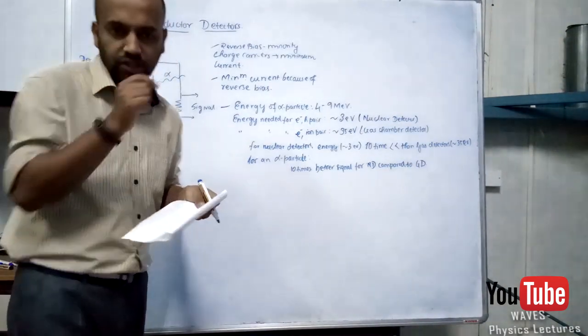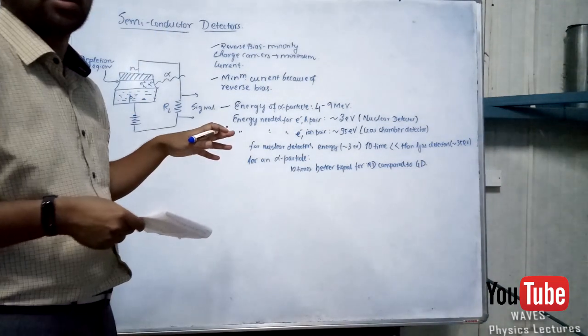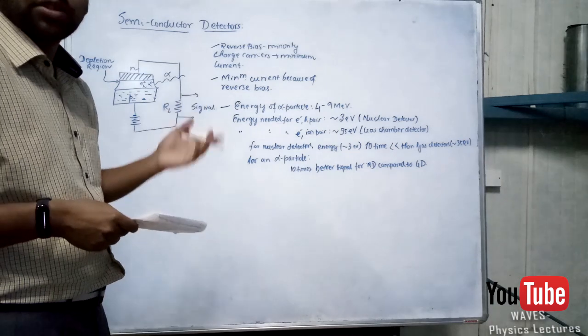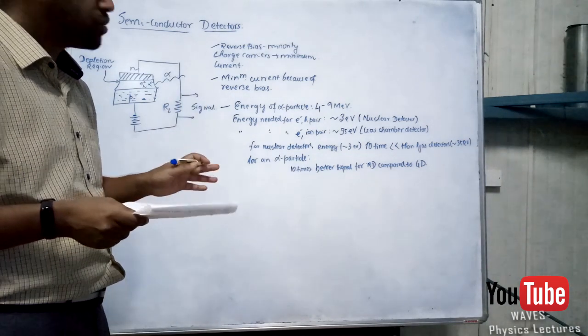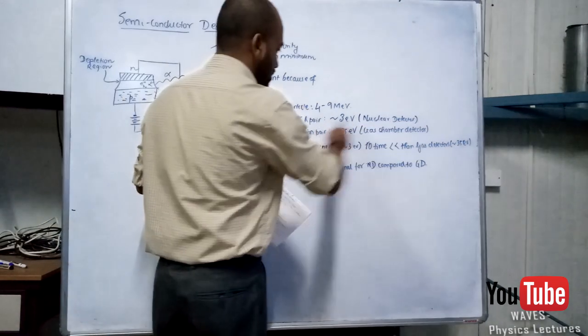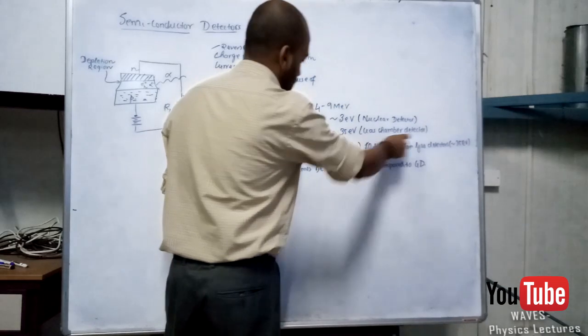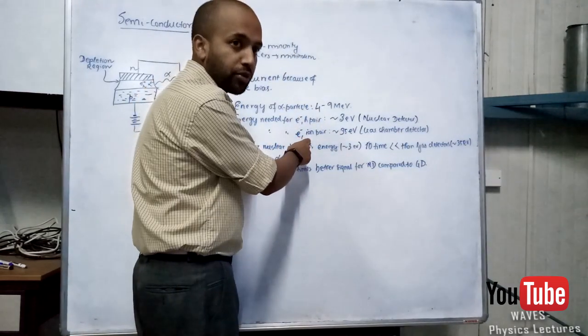Please remember, if I ask you what is the difference between semiconductor detector and gas chamber detectors, you have to remember these points. First, in nuclear detectors, an electron hole pair is formed. In gas chamber detectors, an electron ion pair is formed.